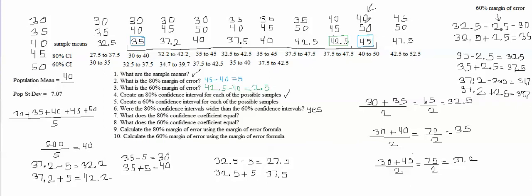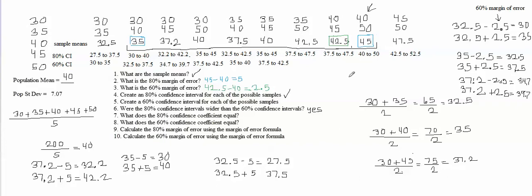What we do with this sample is we take its mean of 45, and we calculate a z-score using this sample mean of 45. So the 80% confidence coefficient is the z-score of the highest sample in the middle 8, which is just the z-score of this sample right here.